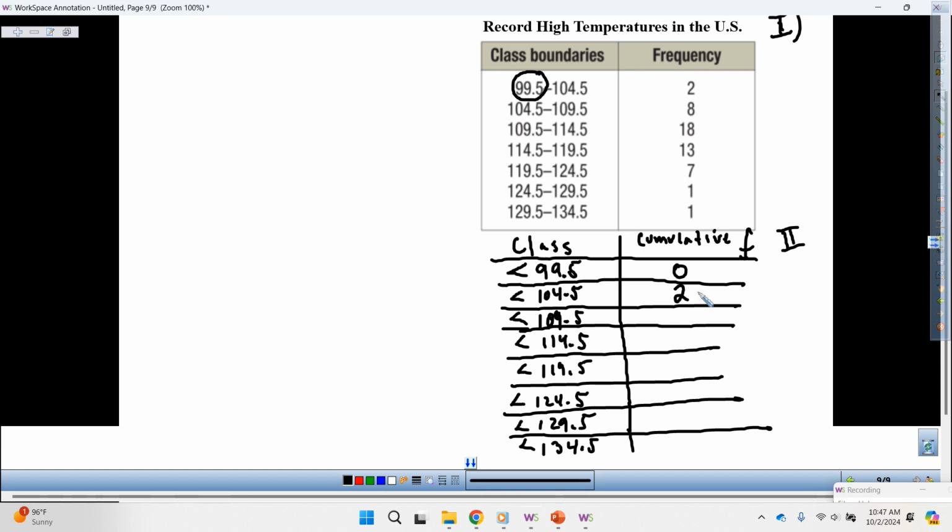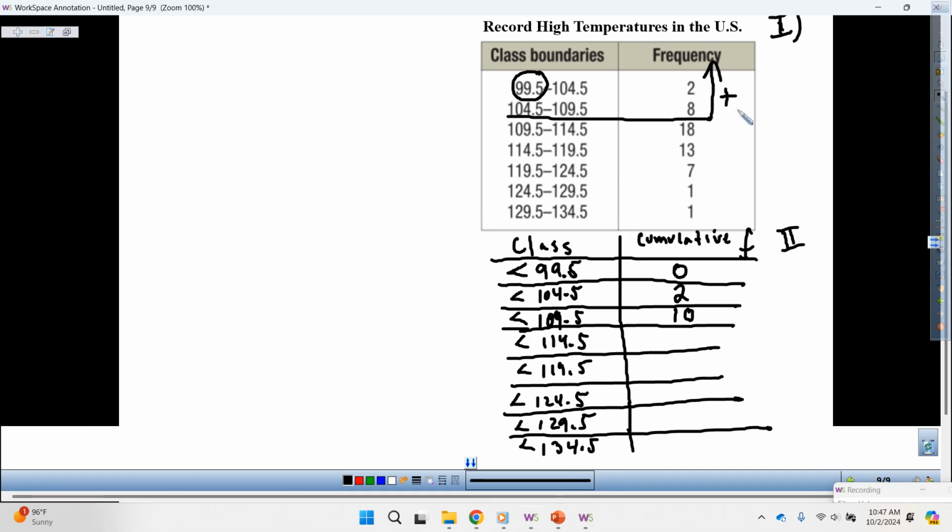Now here's where it gets a little tricky. Look up. Temperatures less than 109.5. Look what I'm going to write. Tell you where I got that from. I go to the frequency. 109.5 is right here. It's called cumulative because you do what?